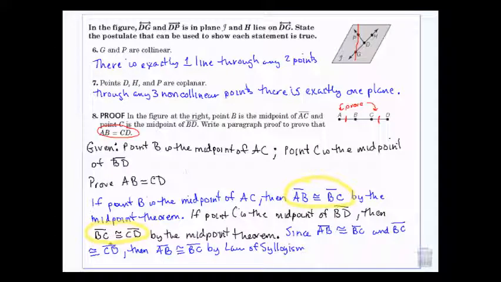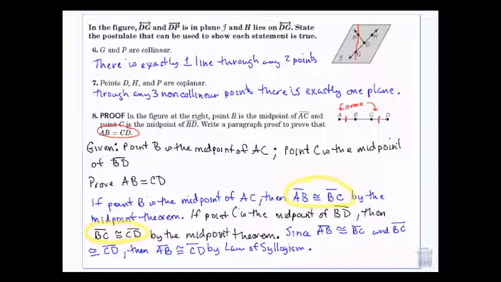Okay. Now we've got them congruent. AB is congruent to CD. But we're trying to prove that they're equal. Should that say CD instead of BC at the end? Yes, it should. Thank you very much. Too many letters. Okay.